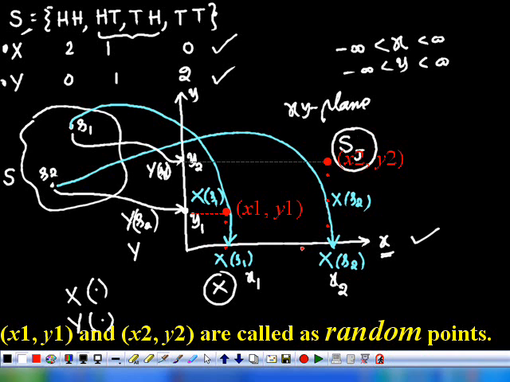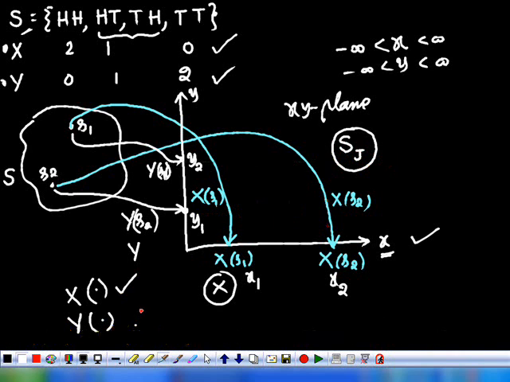The concept of two random variables: the sample space and outcomes are the same, but we define two different random variables on the same sample space, and the values taken by the two random variables may be different, may be equal, and one may depend on the other, or there may be some correlation between these two random variables.